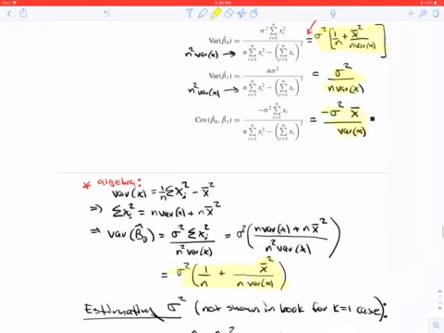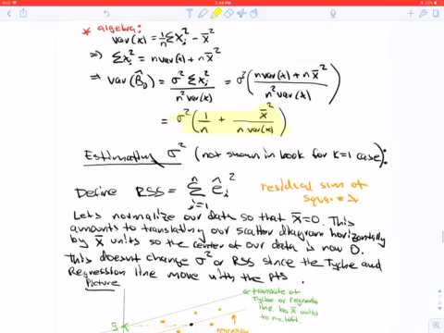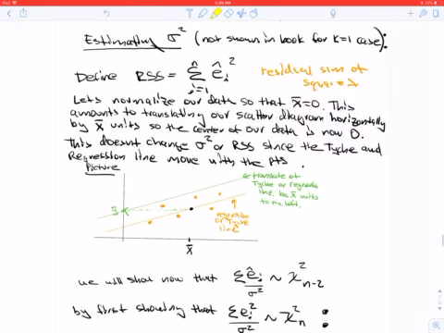So next, these things all involve a sigma squared, but Tyche knows what sigma squared is. We don't, so we need to estimate it. Now, your book essentially says, okay, we're going to do this in the multivariable case, and they introduce a lot of linear algebra machinery to do this, and it doesn't shed a lot of light, and unless you're a linear algebra pro, it probably is not going to be that helpful.